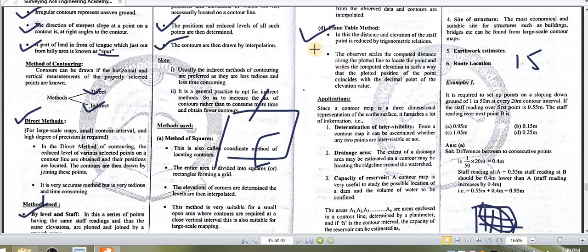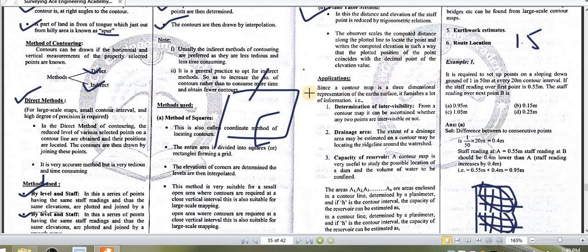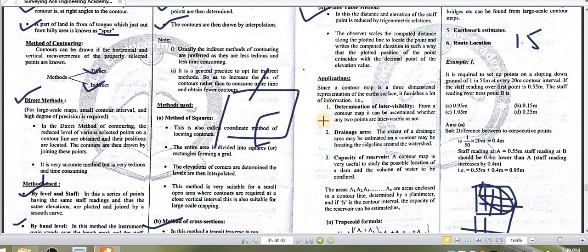what is the application of contours? Since a contour map is a three-dimensional representation of the earth surface, it furnishes a lot of information. The first information which your contour map provides is the determination of intervisibility. So if you are selecting a site for your railway project or your highway project, for that you require the topography of the area in which you are preparing your roads or your railways.